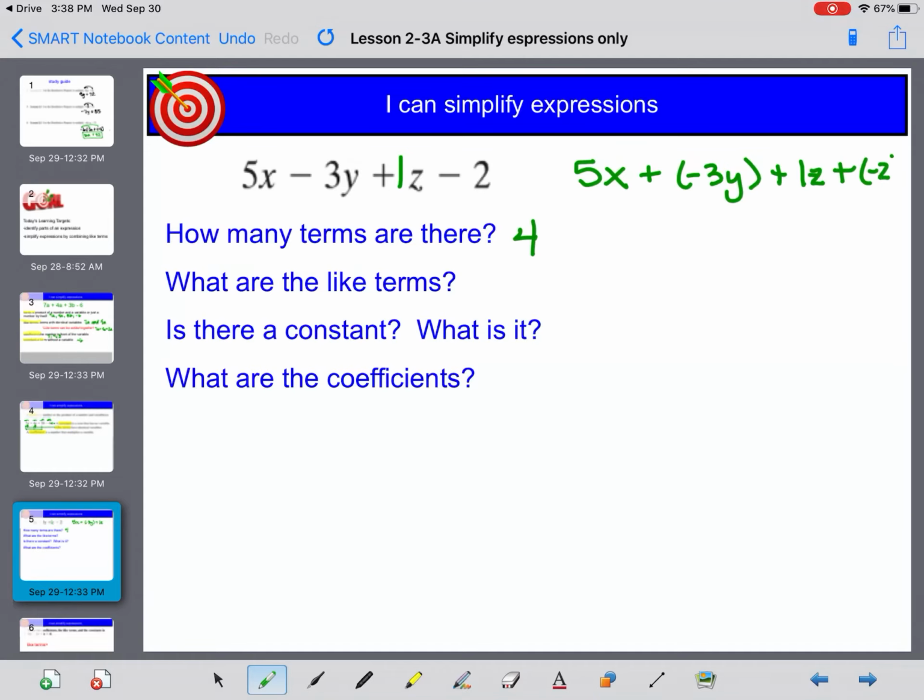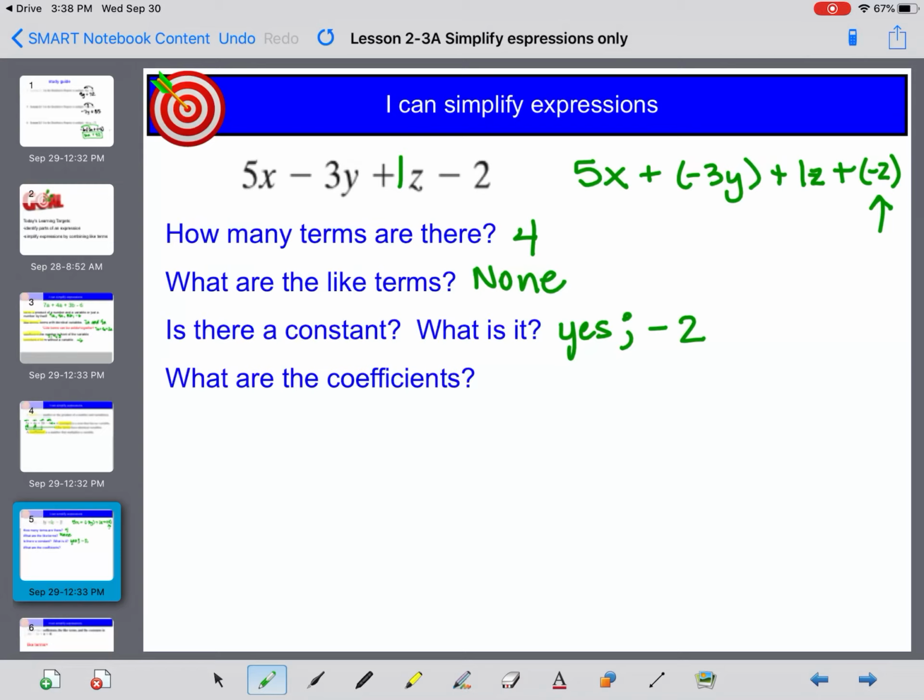And then plus negative 2. Now, what are my like terms? Well, my like terms are the ones that have the same variable. In this case, I don't have any like terms because there are no duplicate variables. Is there a constant? Well, my constant is the number without a variable. And so that would be negative 2.